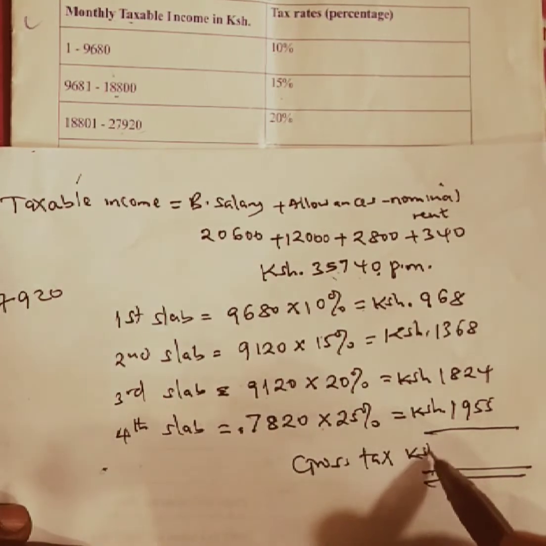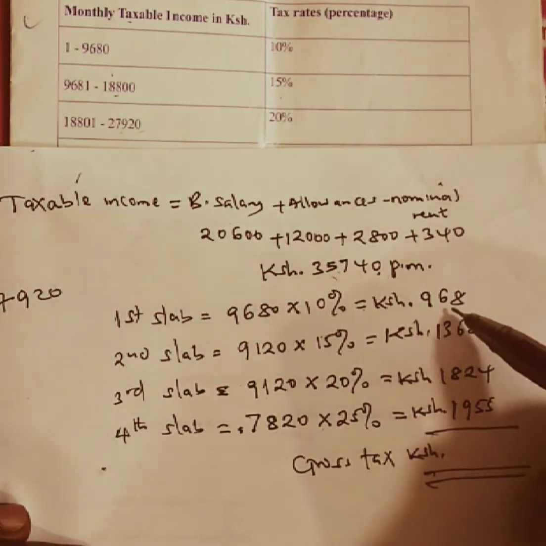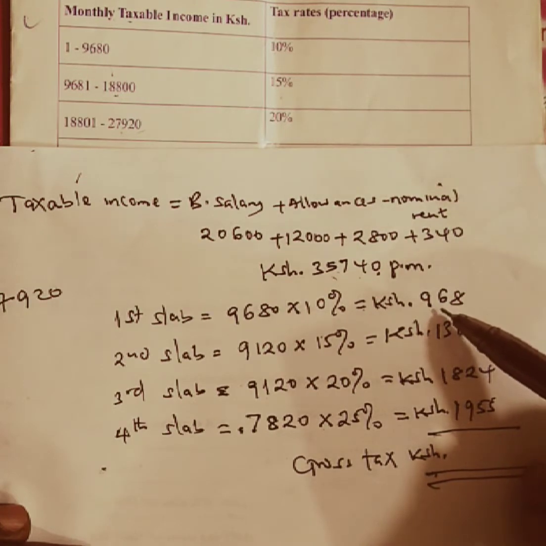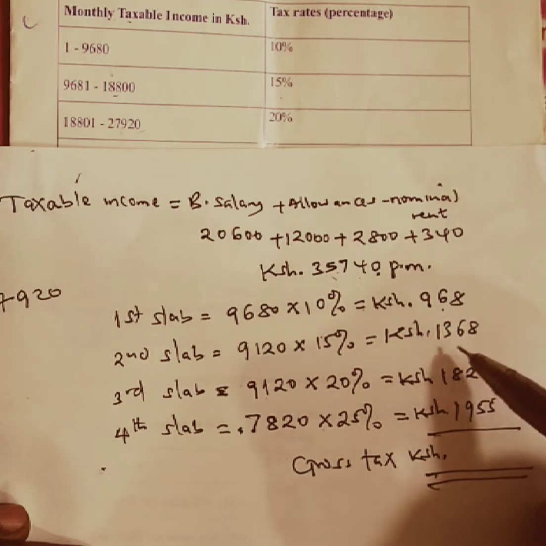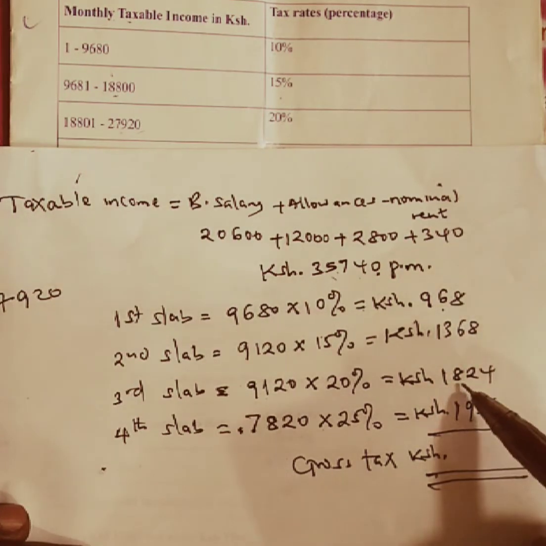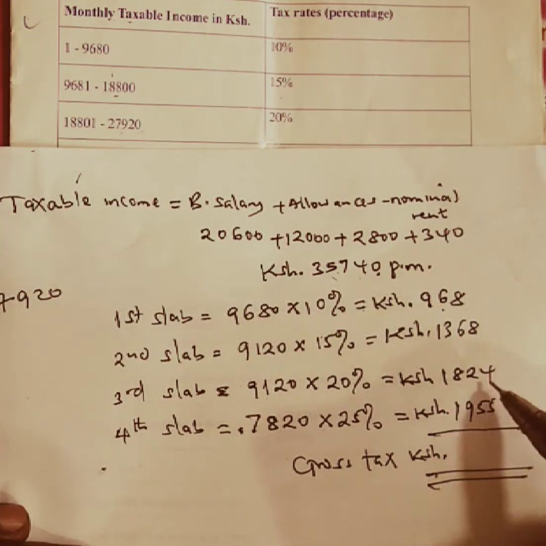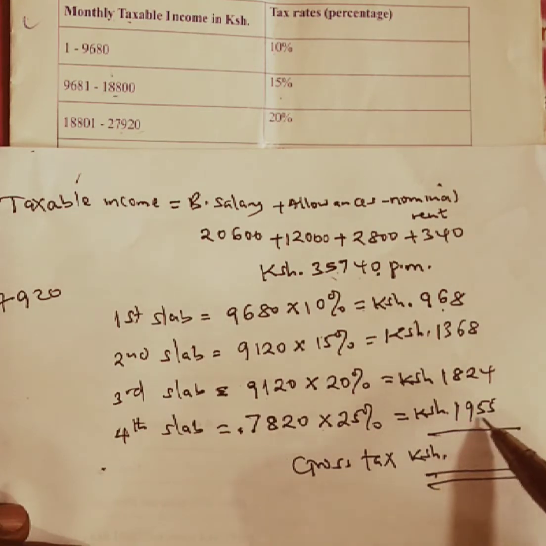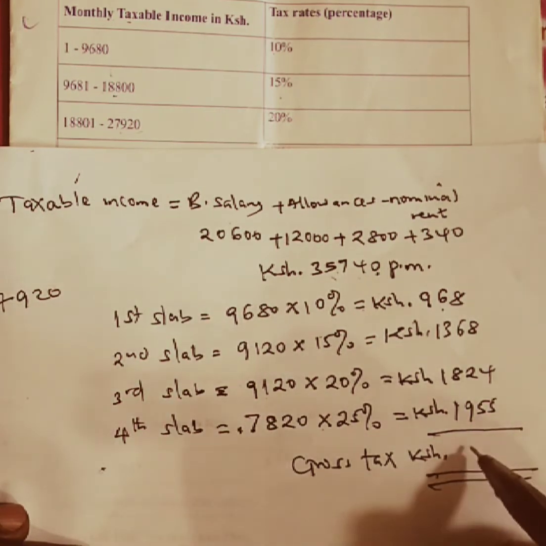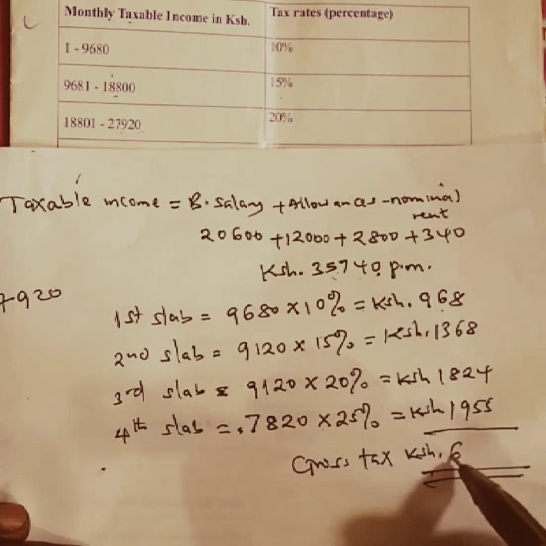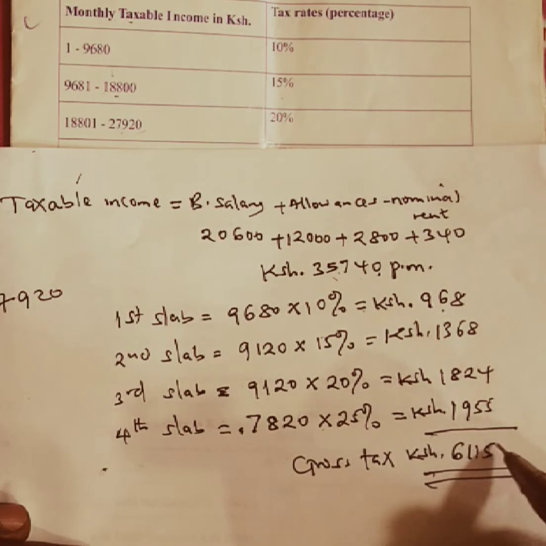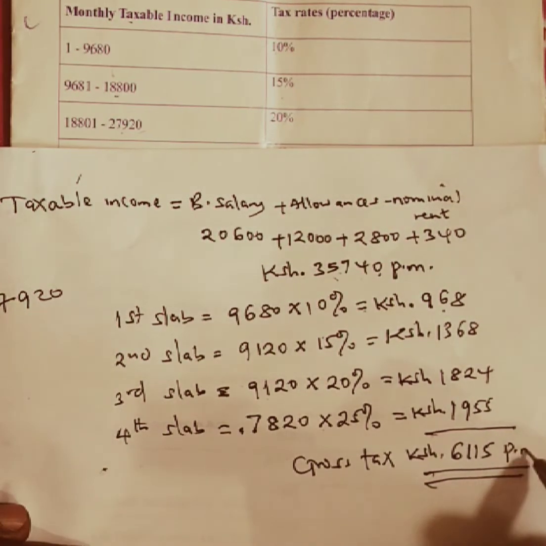So we are going to add 968, we add 1,368 plus 1,824 plus 1,955, and this one is going to give us 6,115 Kenya shillings per month.